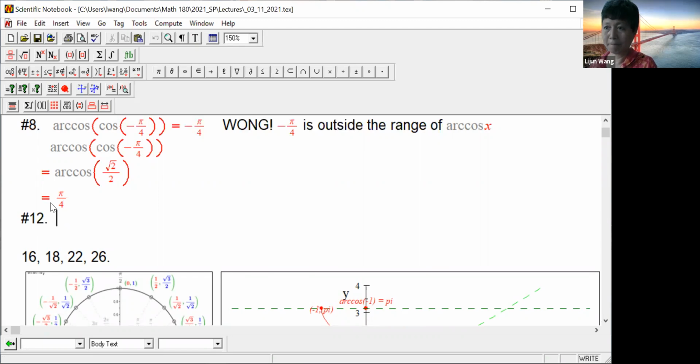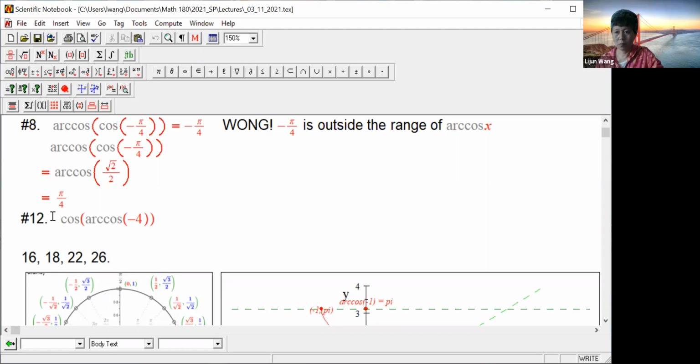Number 12: cosine of arc cosine of negative 4. I will do one more for you, and then you may like to try your hands on them. Number 16: arc cosine, cosine.